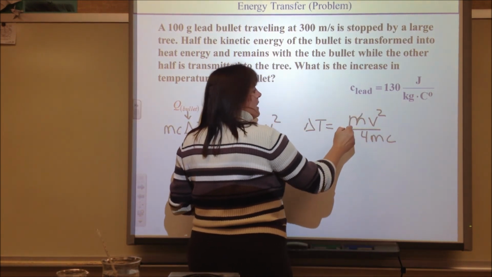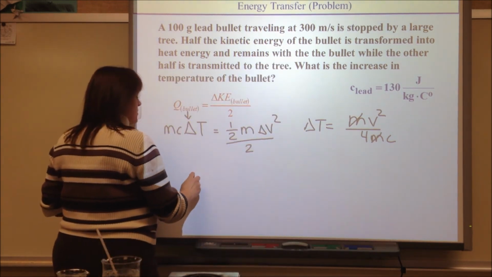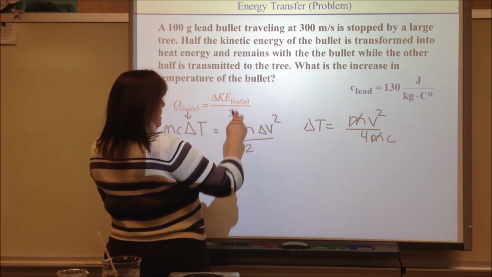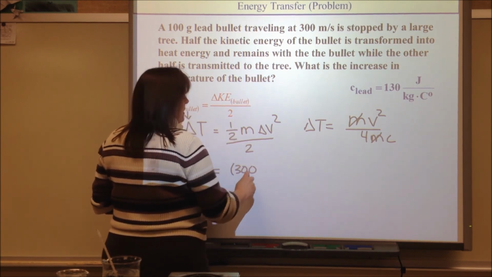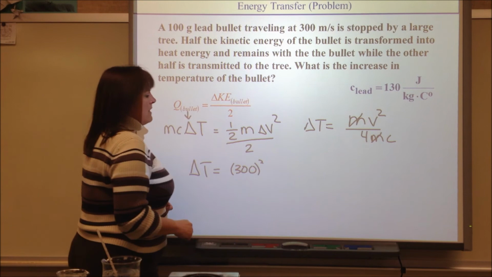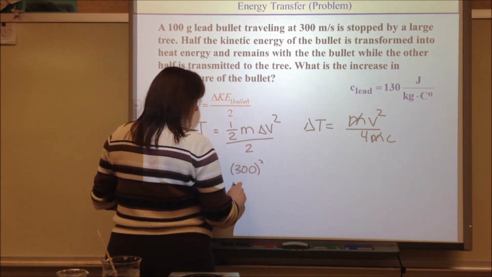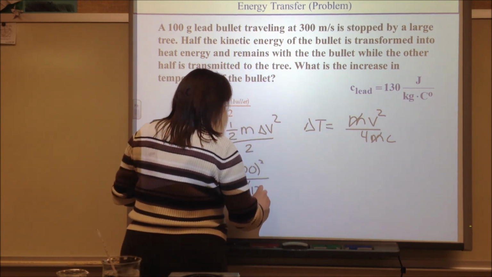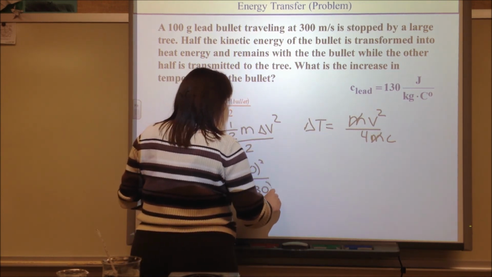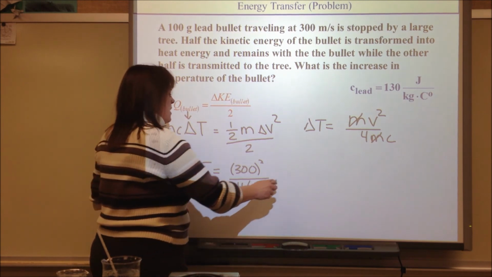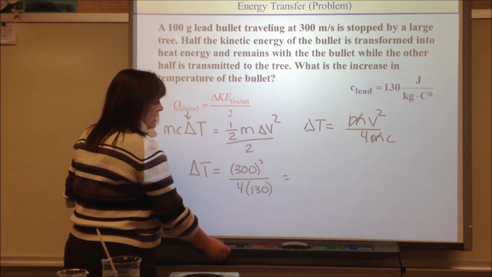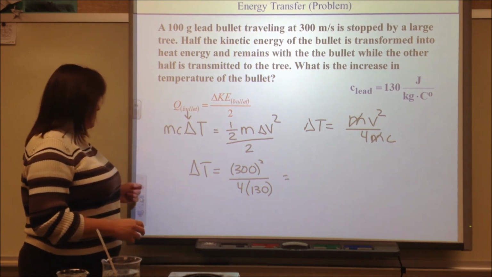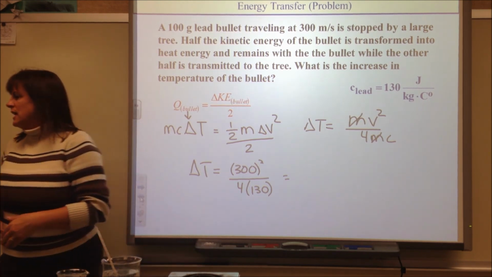So you can see here that our m's cancel. Therefore, delta T is equal to our initial velocity squared, which is that 300, divided by 4 times the specific heat of lead, which is 130. So 300 squared divided by 4 and divide that by 130, and you will get an answer, which I will calculate.